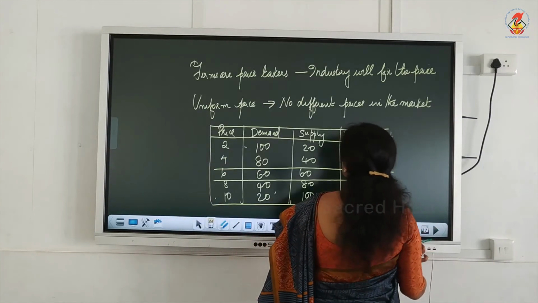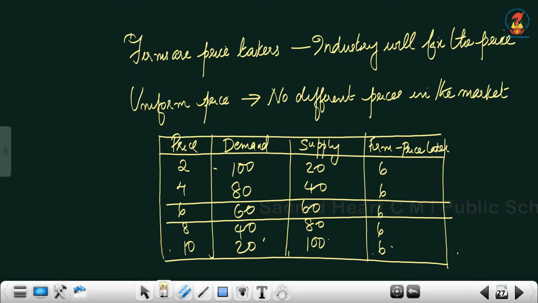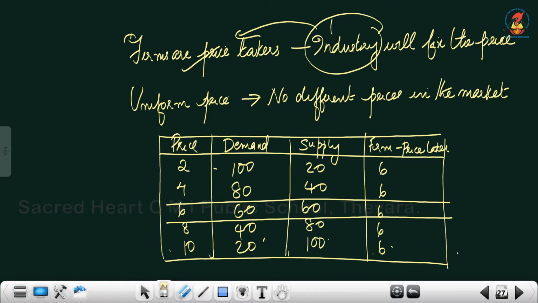Now, the next feature is that the firms are price takers. Who is fixing the price? Industry will fix the price and firm will accept the price. So how can we write it: industry is the one who fixes the price and firm is the one who takes the price. Now, uniform price.